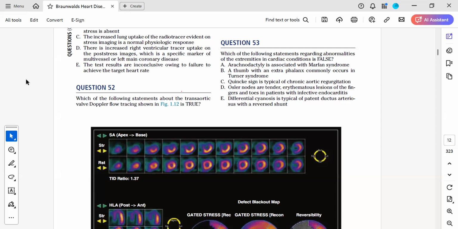Differential cyanosis is typical in a patient with patent ductus arteriosus with a reverse shunt. This is true.